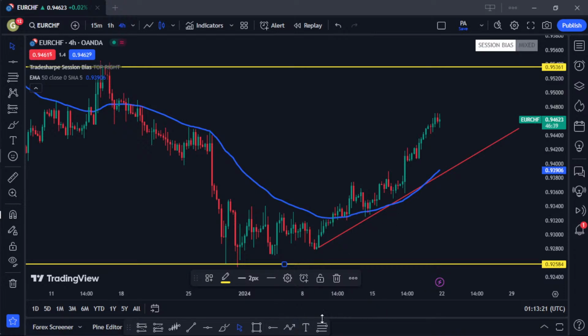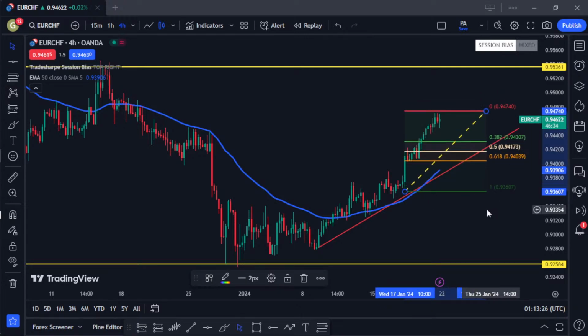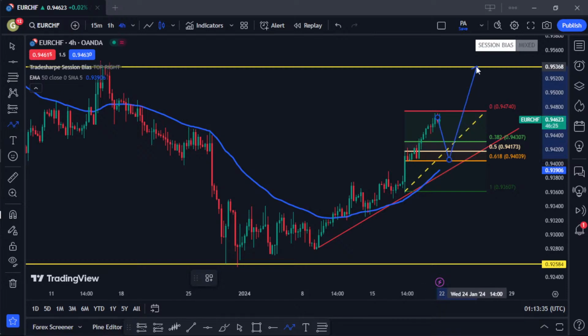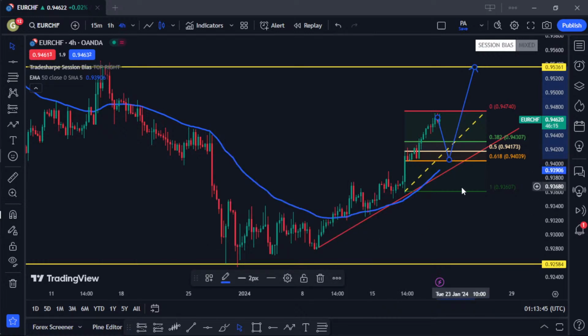So to get extra confirmation, I'll be using my Fibonacci for this particular one. You can see I'll be waiting for this market to pull back from here to this 0.618 level on the Fibonacci. Then I'm actually going to buy it to the upside, once this market pulls back here and shows any sort of rejection, because by the time the market gets back to the 0.618 level, it will be ready to move back upward and show a price rejection, and at the same time it will be exactly a retest of the 50 moving average.